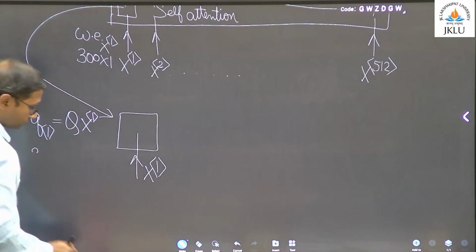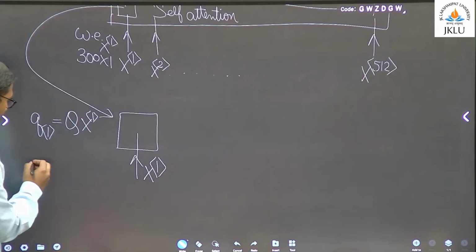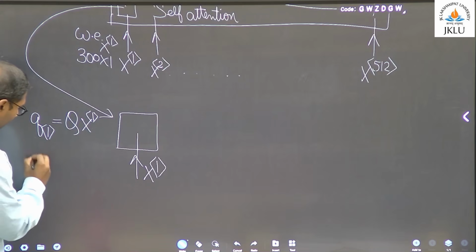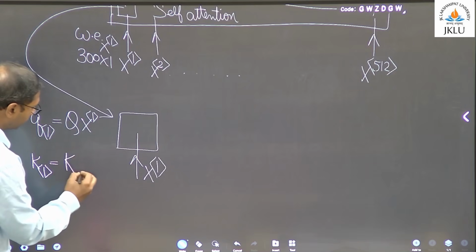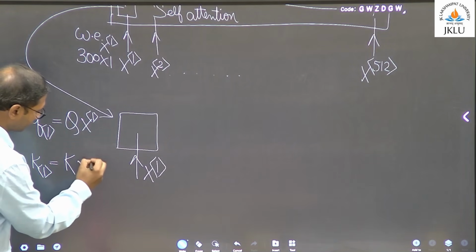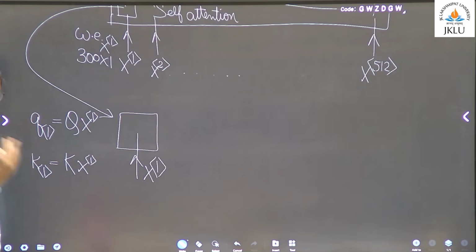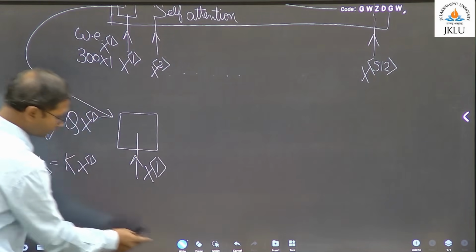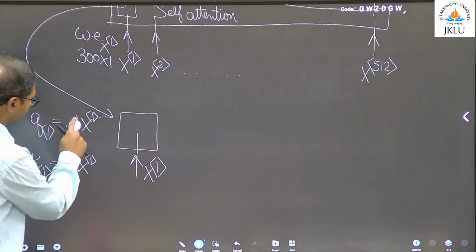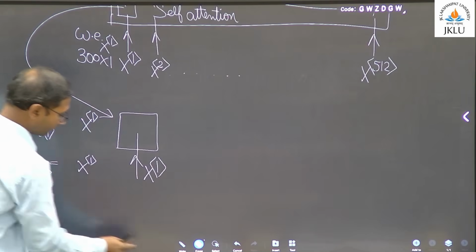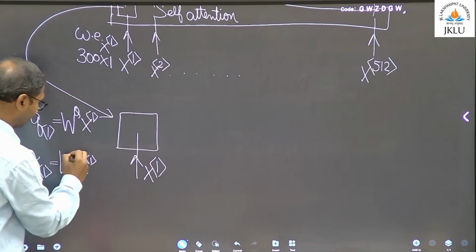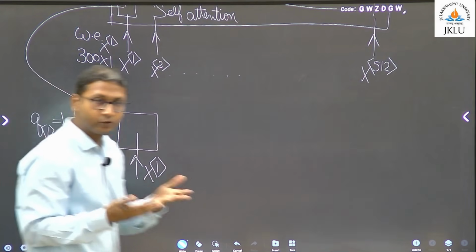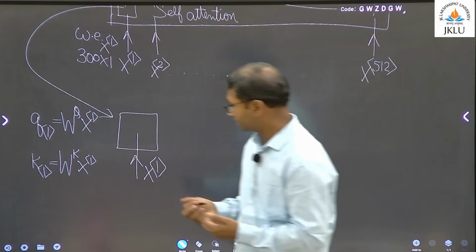And then K1 will be capital K times x1. Since we use W for weight matrices, in much of the literature you will find it written as WQ, WK, so that it is evident you are talking about parameter matrices.